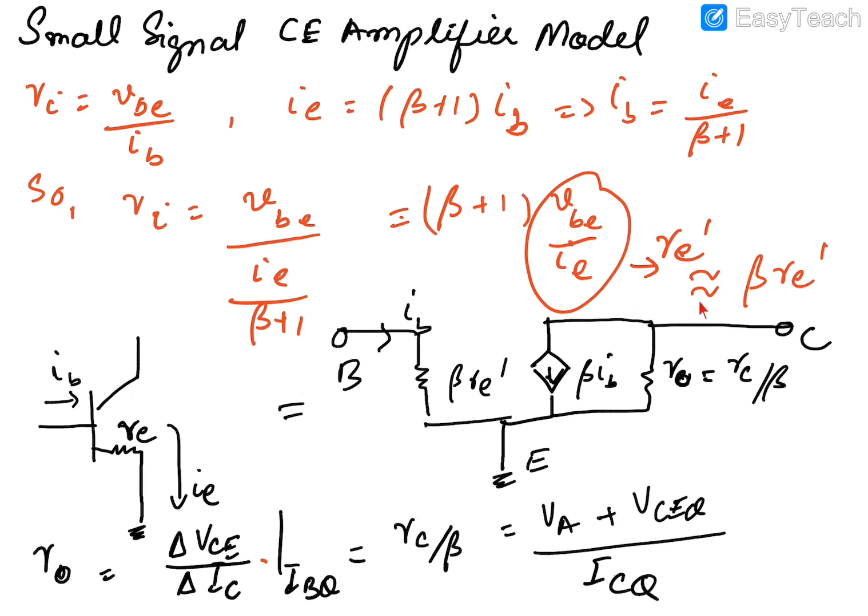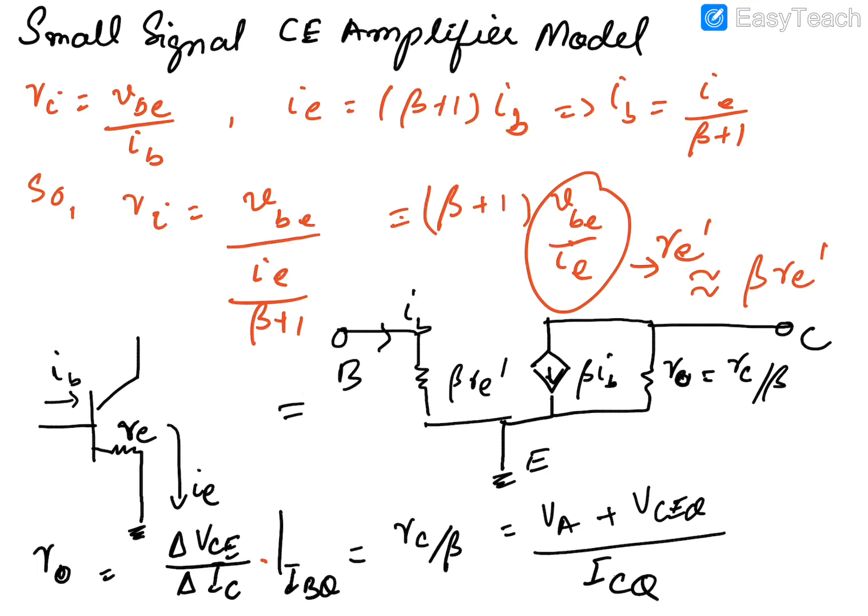So you can conclude from here that the input resistance in case of common emitter amplifier is beta times higher than in case of common base amplifier model. Also, it means that the input current IB is beta times less than the input current in common base case.